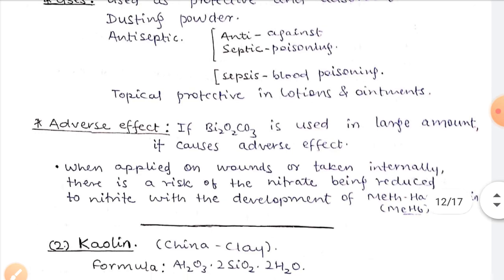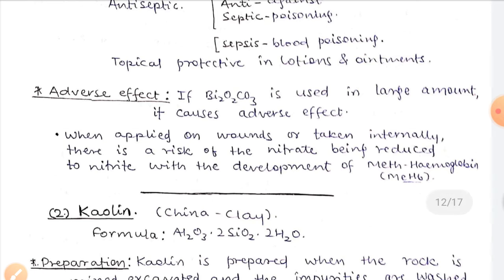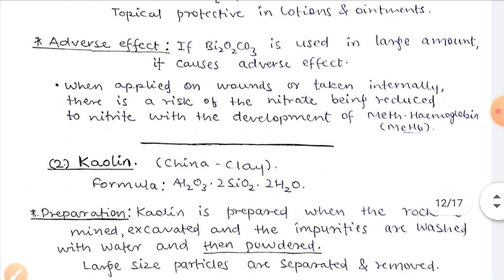When applied on wounds or taken internally, there is a risk of the nitrate being reduced to nitrite with the development of methemoglobin. We already discussed methemoglobin in carbon monoxide poisoning.